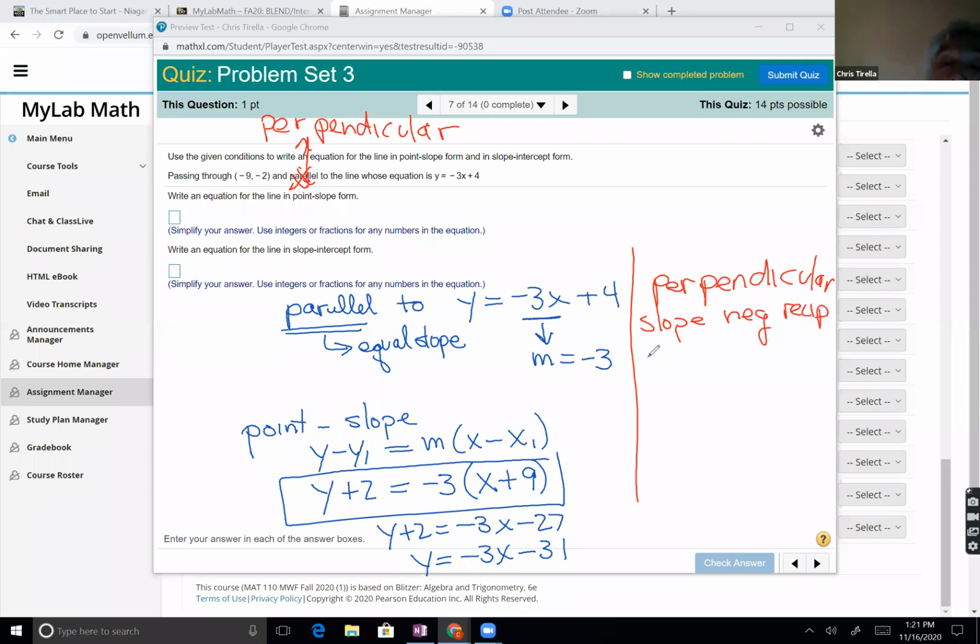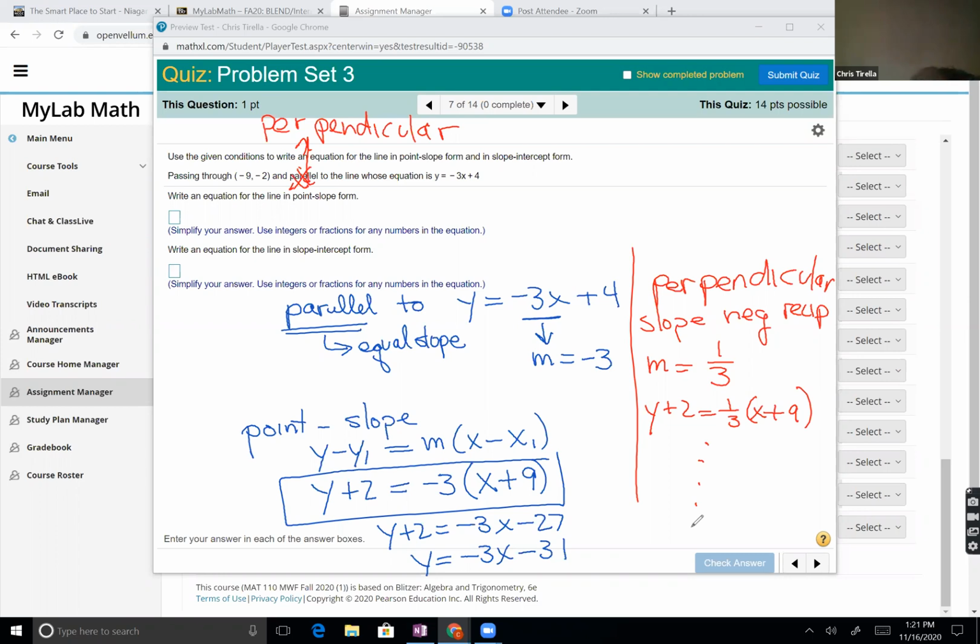And so instead of a slope of -3, it would be positive 1/3. And so where we had the -3, instead we'd have a positive 1/3. And then we'd have to go ahead and simplify.